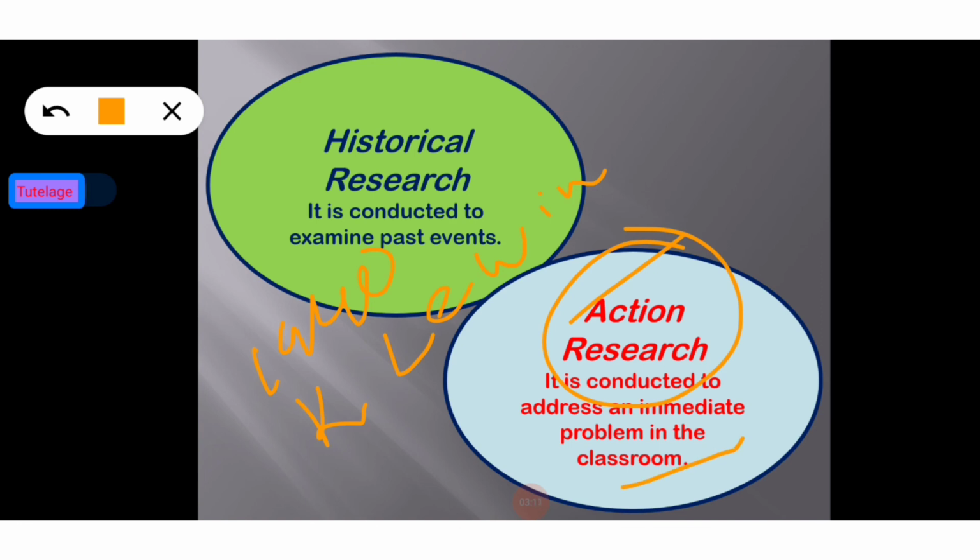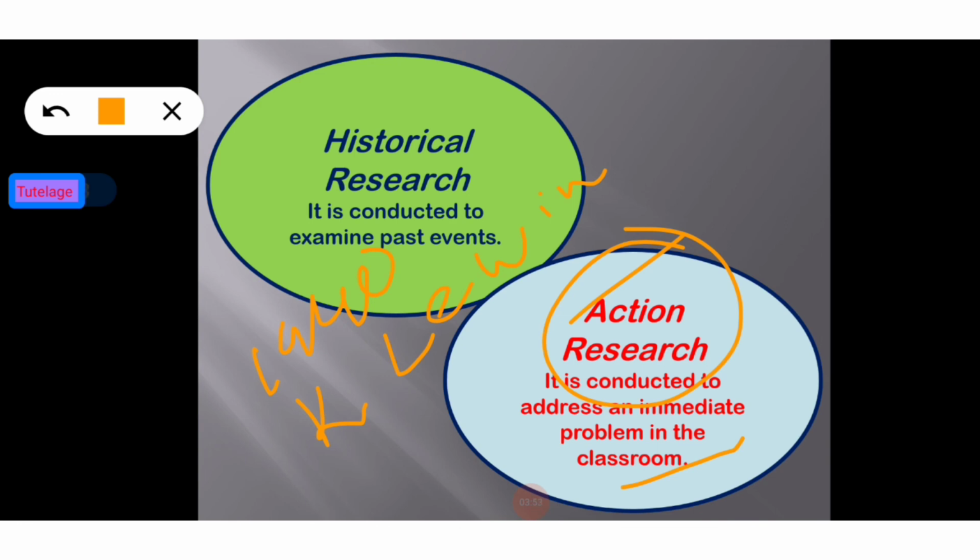It refers to the use of evaluative, investigative, analytical research methods for developing remedial solutions for weaknesses and problems in organizations and institutions, and it is conducted to address only an immediate problem in the organization, classroom, or institutions. If the results are satisfying, then the problem has been solved or the situation has improved. But if the problem is not yet solved, then the process will be repeated and alternative action will be recommended for testing. So action research is conducted to address an immediate problem.